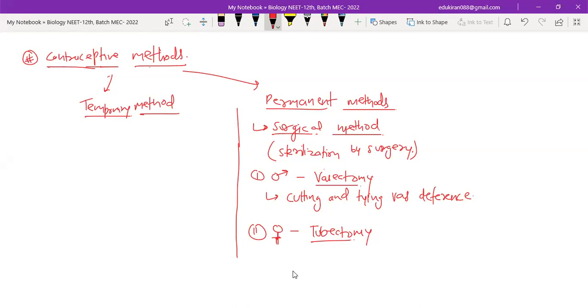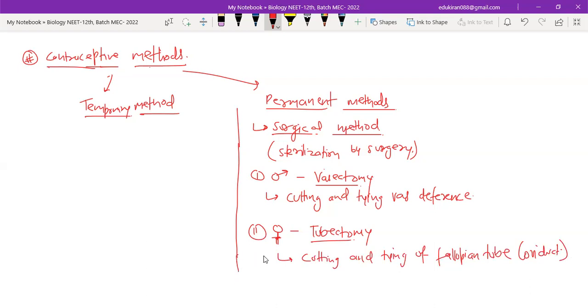Tubectomy is cutting and tying of fallopian tube. What is the other name for fallopian tube? Oviduct. Fallopian tube or oviduct. So this is simple, not much to remember or mark up.